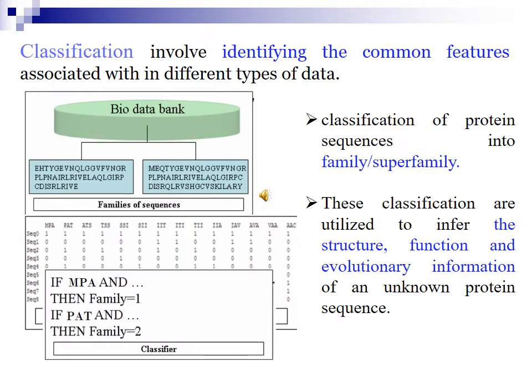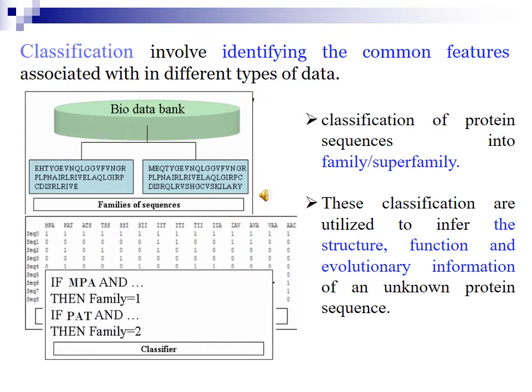Classification is one of the data mining techniques which involves identifying the common features associated within different types of data. Here, protein sequences from various resources are obtained. The protein sequences are classified into family or superfamily. The sequence motifs among the protein sequences are identified, and if a sequence contains a particular motif, then it belongs to a particular family.